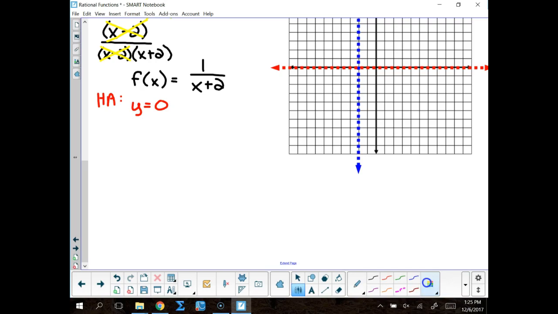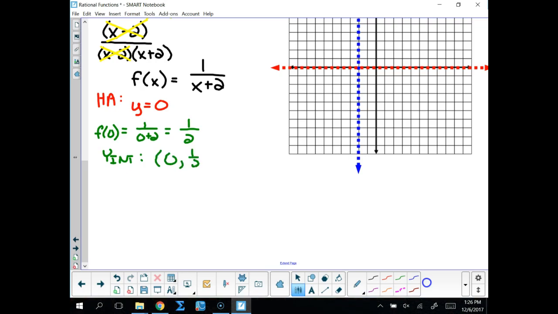Do I have a y-intercept? Zero comma 1/2 is my y-intercept.